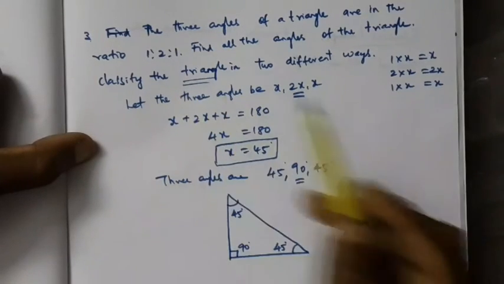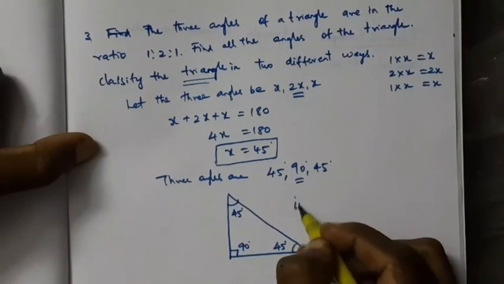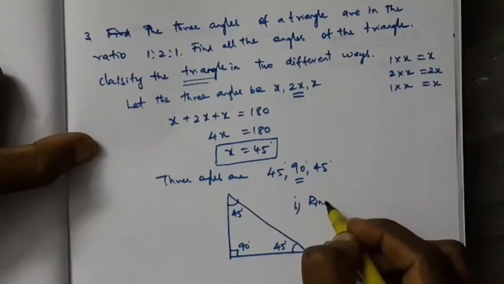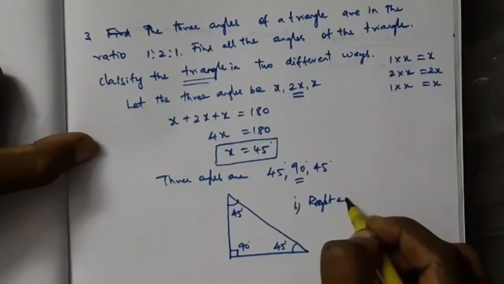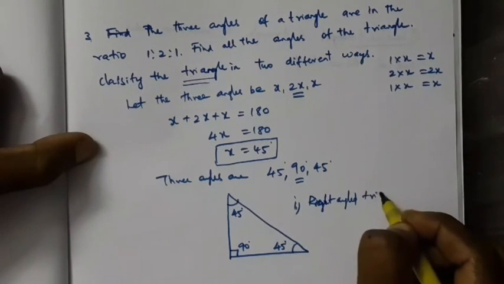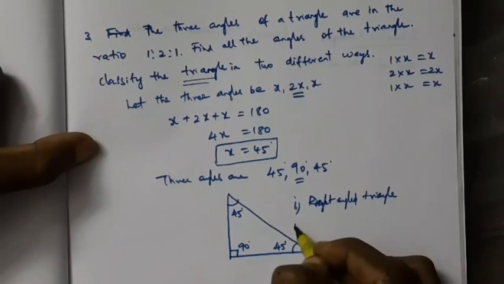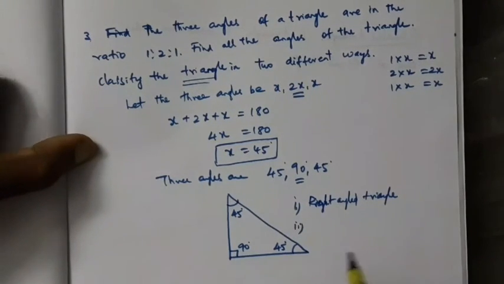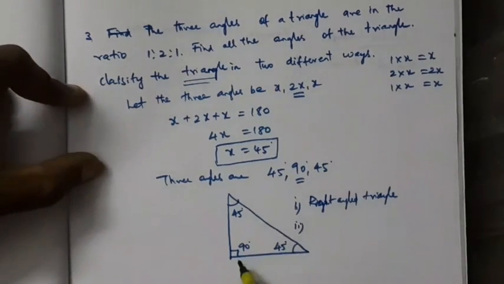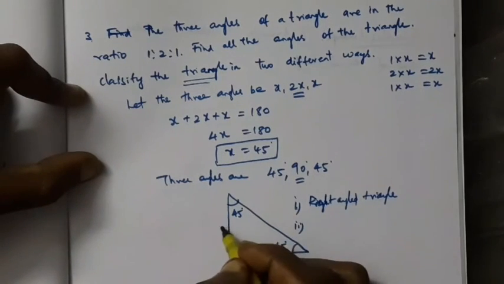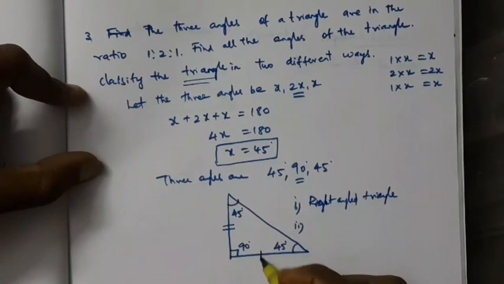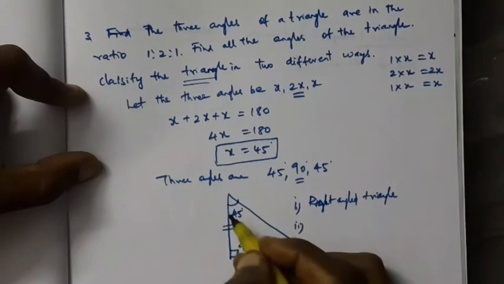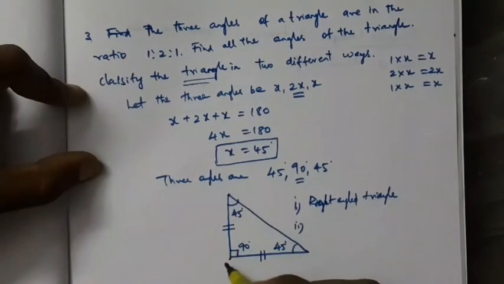Classify the triangle in two different ways. One thing is, it is a right angle triangle. The other thing is, in a right angle triangle, if this is 90 degrees and these two angles are 45 and 45, which are equal, then if you measure it, these two sides will be the same.